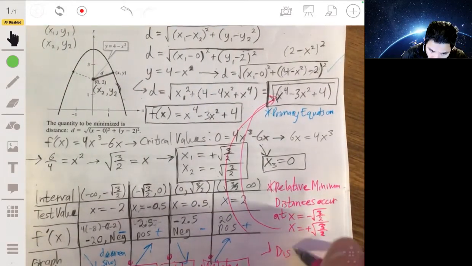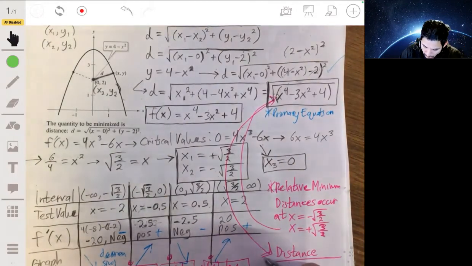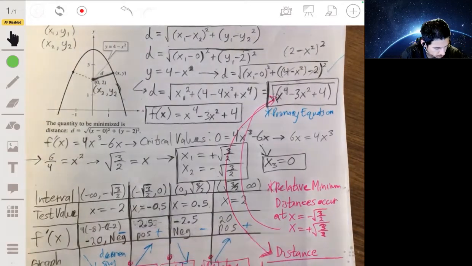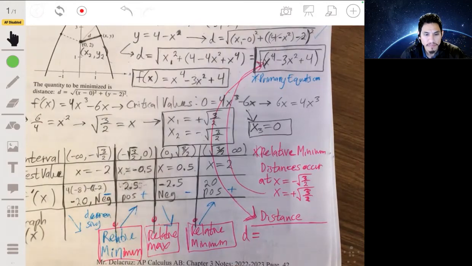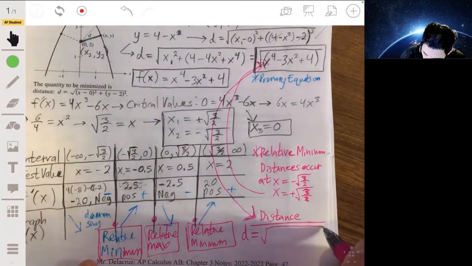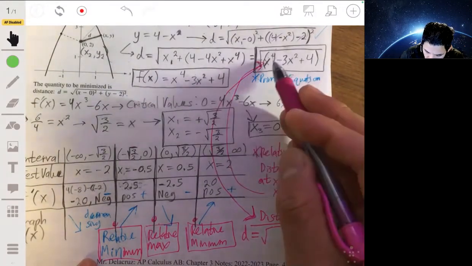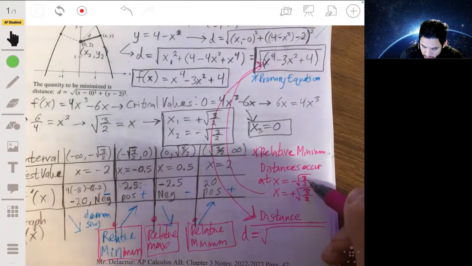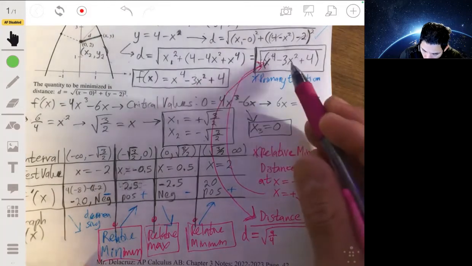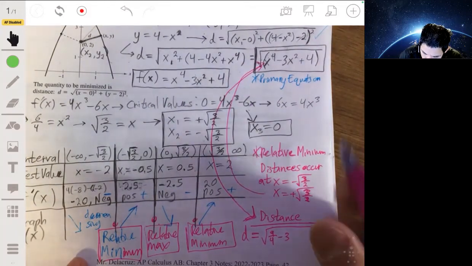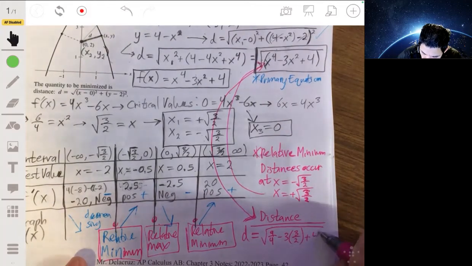So we're going to plug these into here. So our distance will be square root of, if you plug in there, and you raise either of these to the fourth, you'll get √3/2 times √3/2, so you get 9/4 minus 3 times 3/2 plus 4.